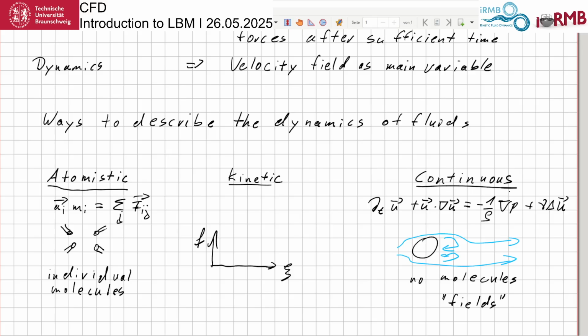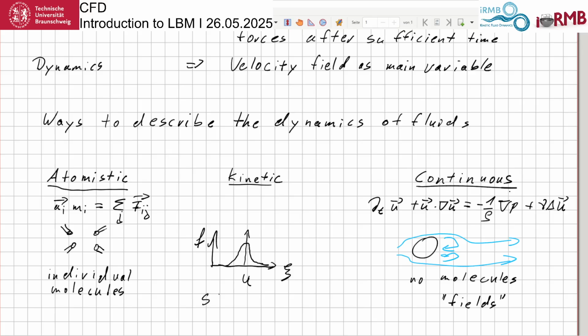There is a particle velocity, and the particles are statistically distributed in this velocity space, and this usually looks a little bit like a Gaussian function, centered around the velocity that then becomes the continuous variable.